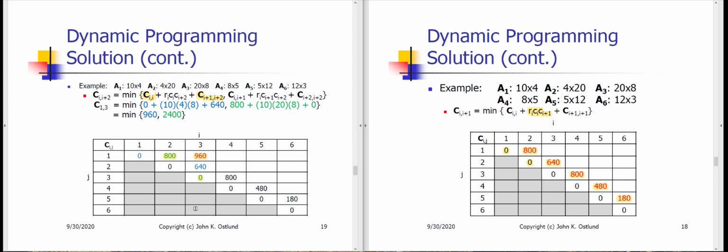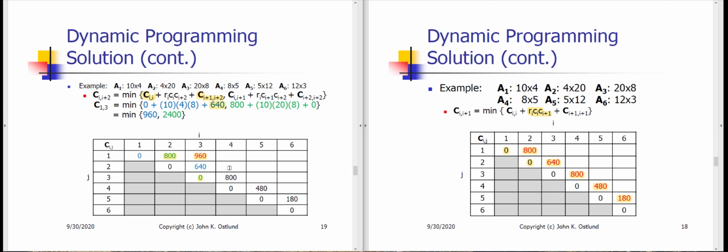And then we just took the minimum of those two values, 960 and 2,400, and we saw that the minimum cost way of doing this is to multiply A2 times A3 first, and then multiply A1 times that product. That way is more efficient, less costly than doing A1 times A2 and then multiplying by A3.